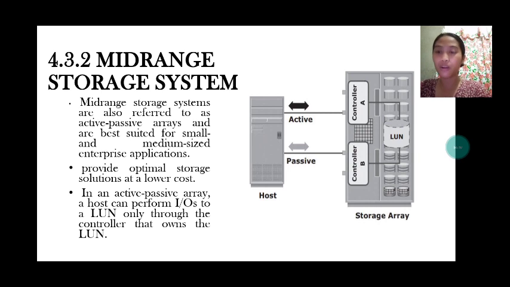So the mid-range has a smaller capacity compared to the high-end storage system. There are also fewer front-end ports for connecting hosts, unlike the high-end, which has many front-end ports. However, they ensure high redundancy and high performance for applications with predictable workloads. They also support array-based local and remote replications.